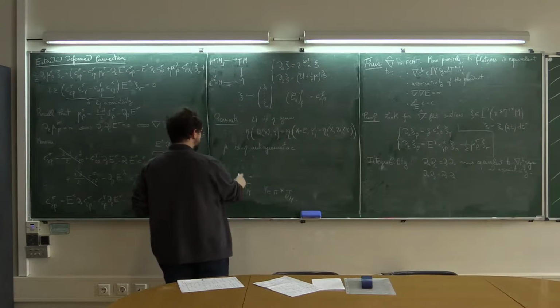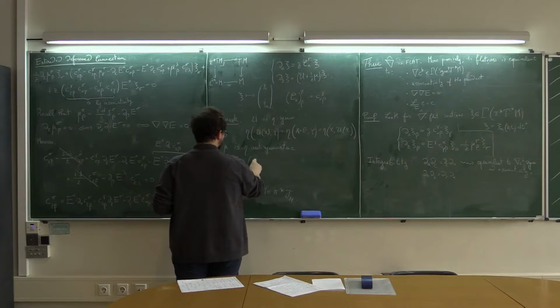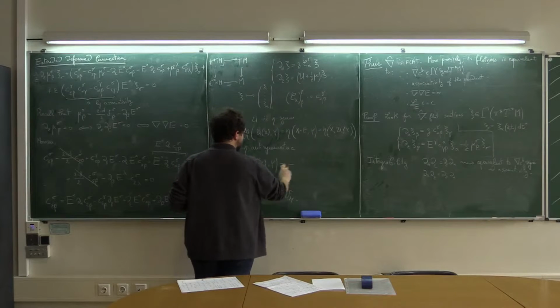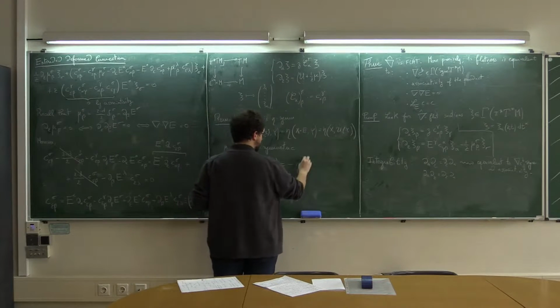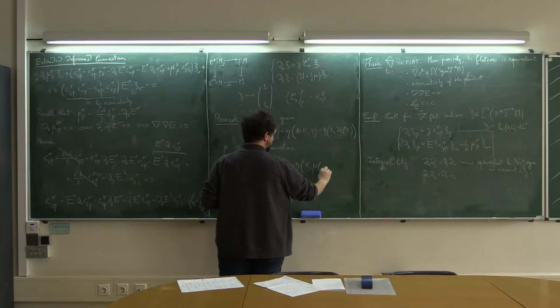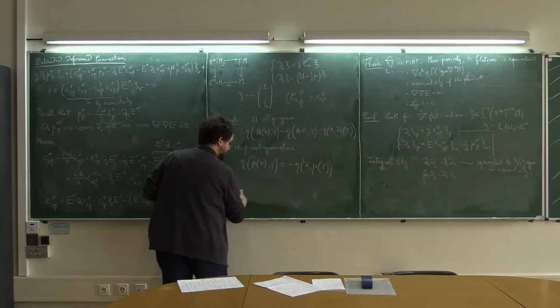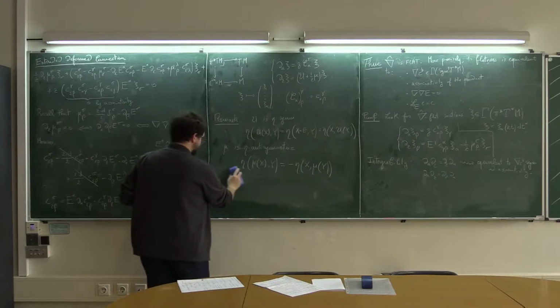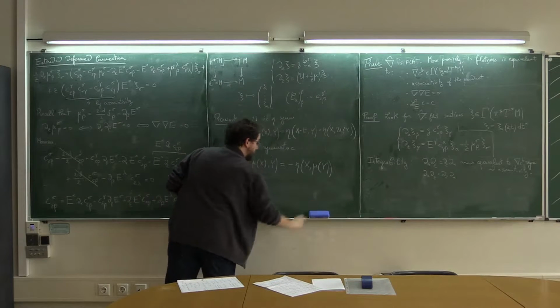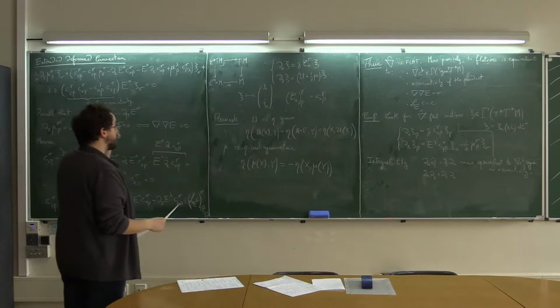That is to say, eta of mu X, Y equals minus eta of X, mu Y. This explains the reason why we have a different sign there.